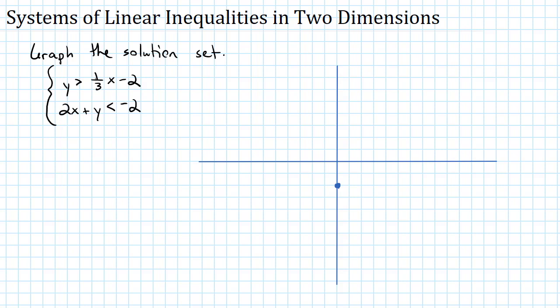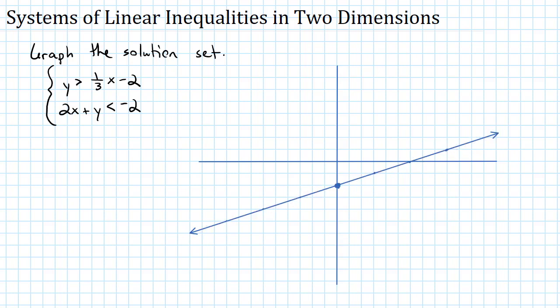So I need to rise 1 and run 3 to get subsequent points on this graph. And I could go both directions to get sort of the blueprint for my boundary line. So let me graph the boundary line for y is greater than 1/3 x minus 2. Looks something like this.